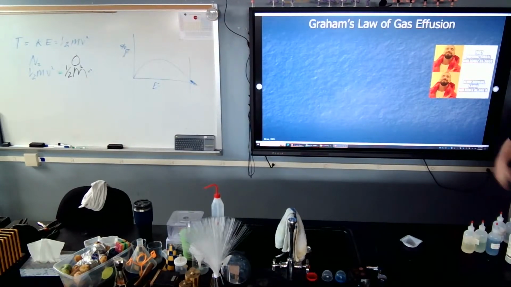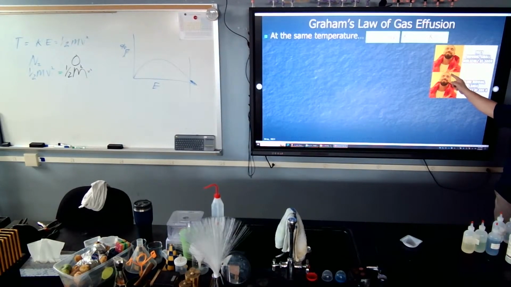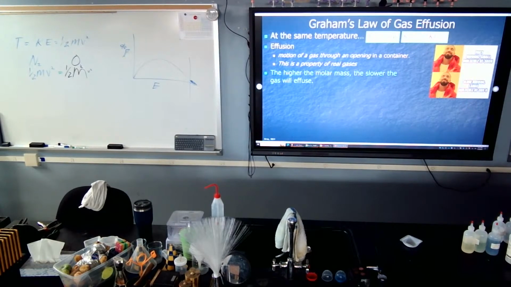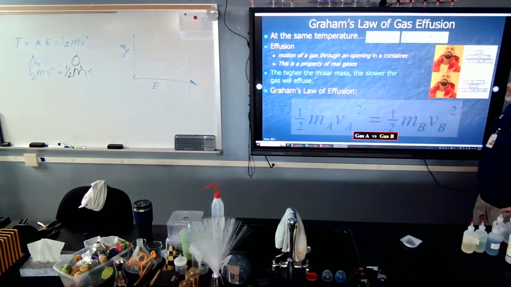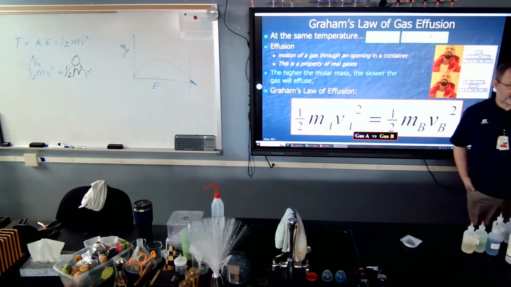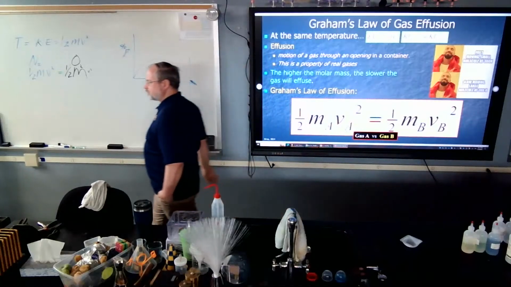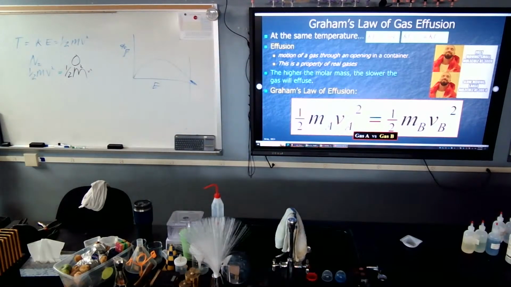That is Graham's law. At the same temperature, the kinetic energy of one gas equals the kinetic energy of the other gas, so you can say the 1/2 mv squared equals the 1/2 mv squared. The m is the mass, and the v is the velocity.